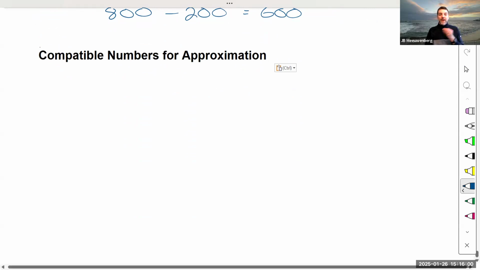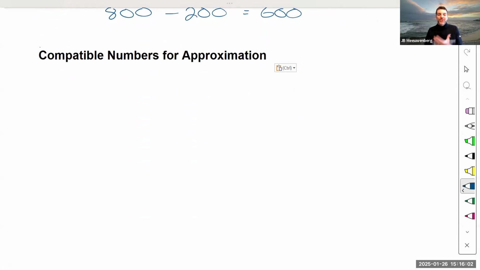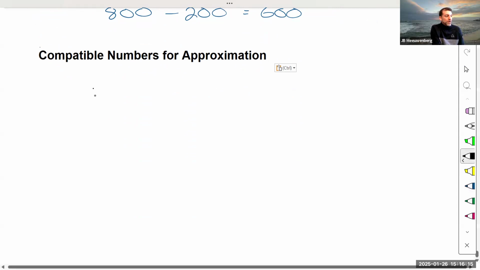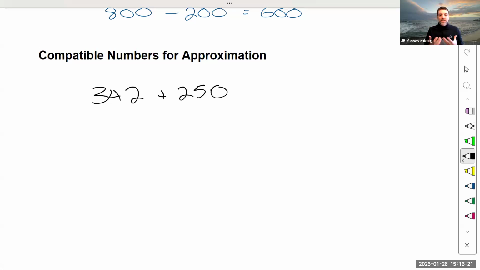Now, another approach to approximation can be incorporating one of the strategies we talked about earlier in this video, and that is finding compatible numbers. So rather than just rounding to the leading place value, we can round in a way that gives us nice compatible numbers. 342 plus 250. Let's say we have to approximate the solution there.